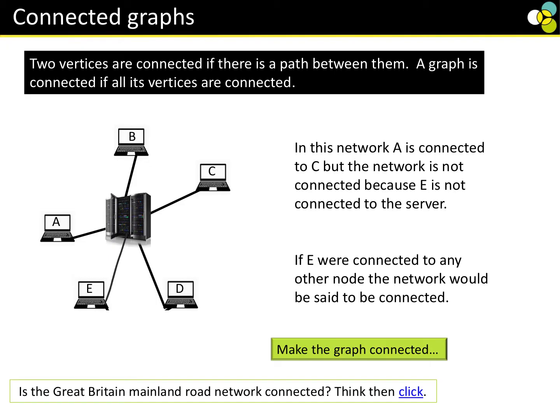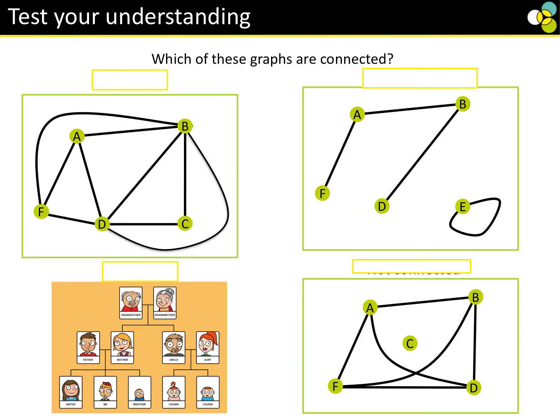So, let's have a look at different types of graphs. Here we have some different types of graphs. So which ones are connected and which ones are not connected? If we have a look at the first one, every node is connected by a vertices. So this one is connected. Okay?